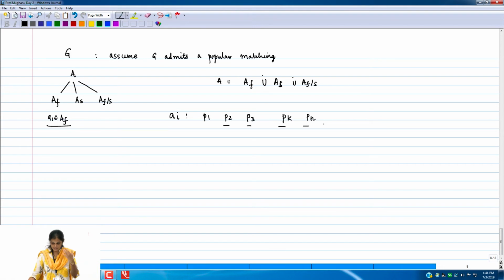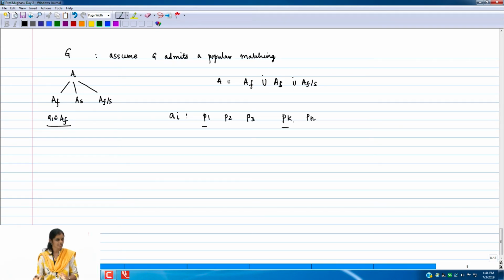Because if it is a popular matching, it better match it to either its F post or S post; that is the characterization. If there has to be an underline, one of them has to be on your rank 1. It may not be there, but then there is only one more.